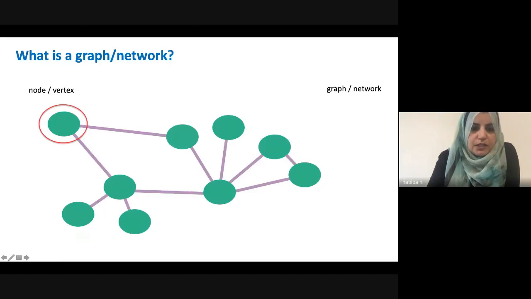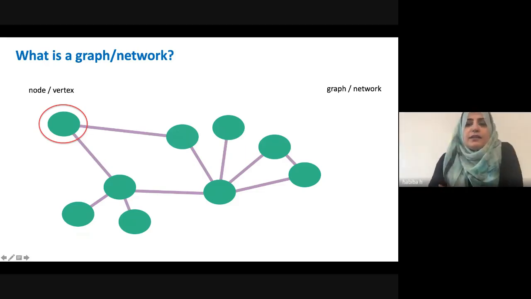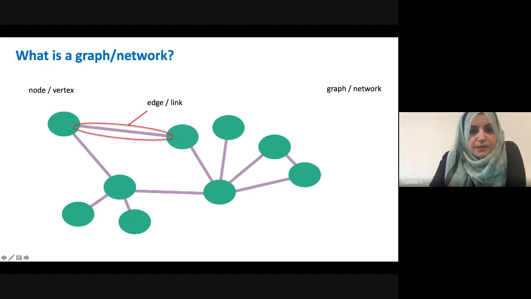Now, just in a couple of slides, what do we mean by network or graphs? Usually, we visualize a network as a set of nodes, which are these blobs. They're called nodes, vertices, entities, and a whole bunch of things, but typically node and vertices, and they are connected through edges or links. Depending on which application we're talking about, sometimes you would call them edge, sometimes you would call them link.